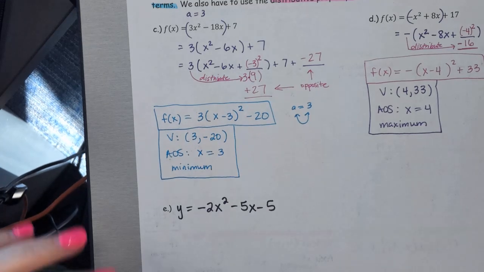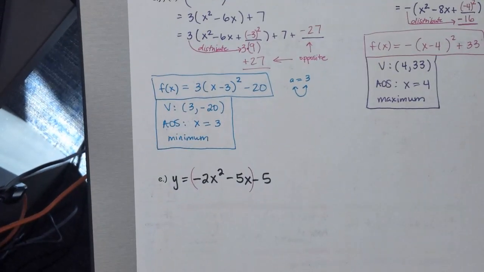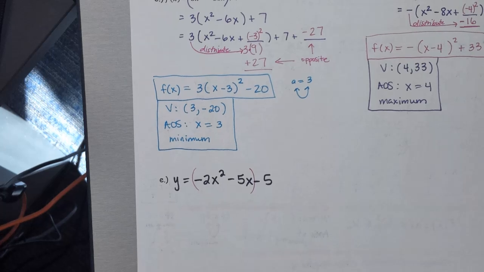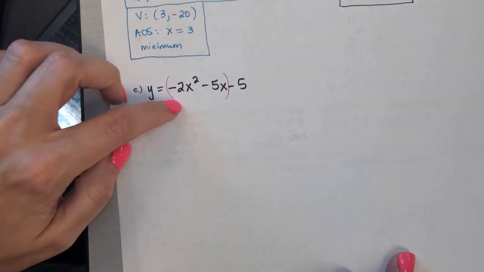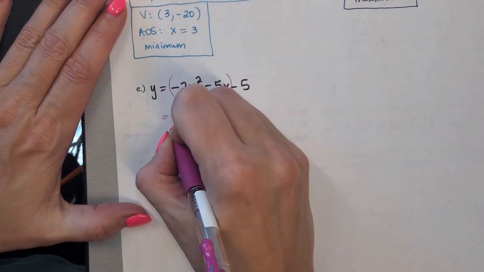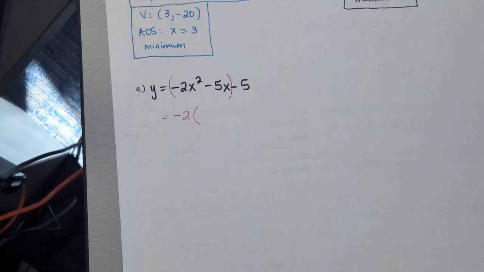All right. First things first, let's group those x's together. Okay, now with all the ones we had before, they were divisible by this number. So -2 is what we have to factor out.